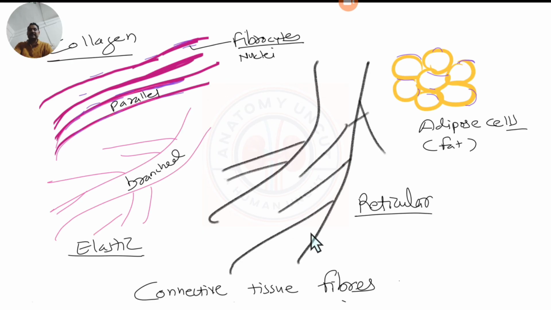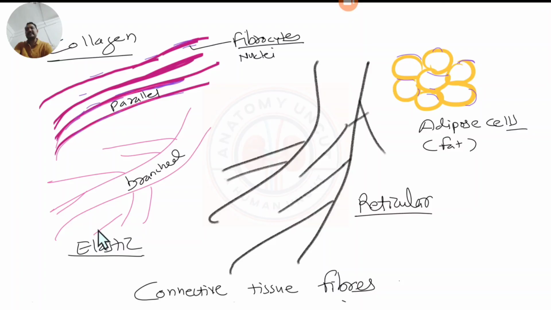This slide focuses on the connective tissue, their types, and the basics of what makes this connective tissue and their fibers. Now, what kind of connective tissue fibers are there in the body? They are majorly collagen fibers.